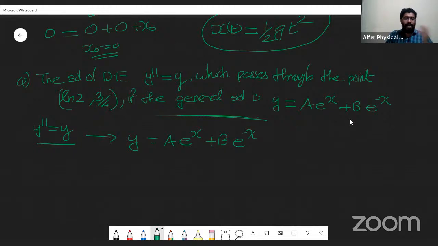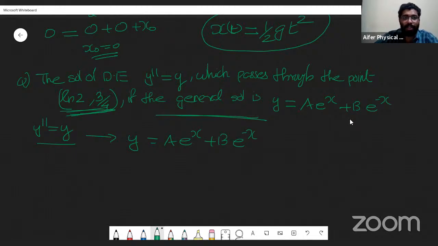But we are required to find the particular solution. The solution of the differential equation passes through this point. So this is the boundary condition, and we can make use of that.